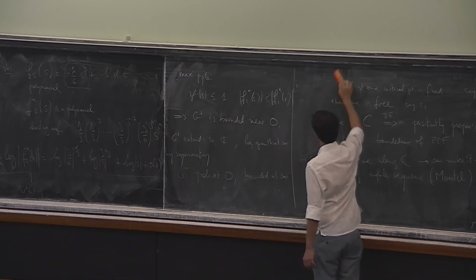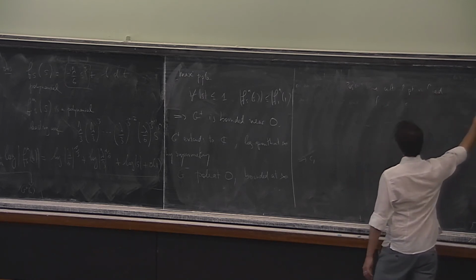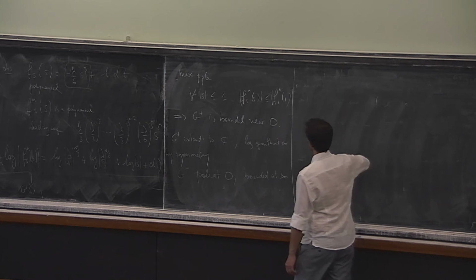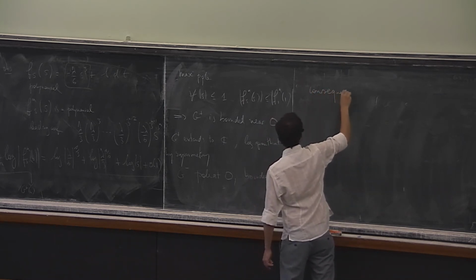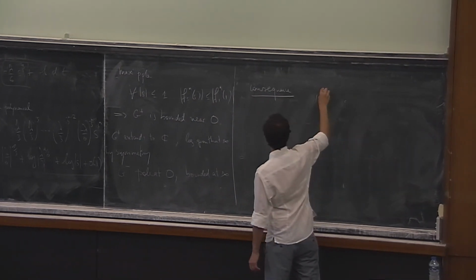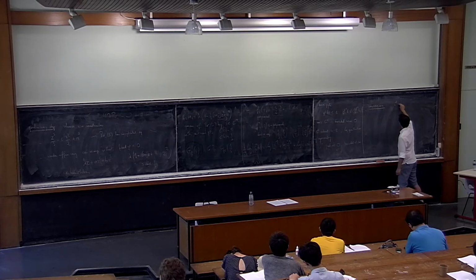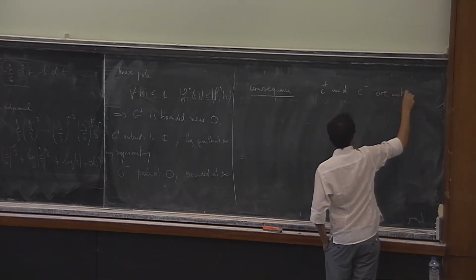So one consequence of this: the points C plus and C minus are not passive along the curve.